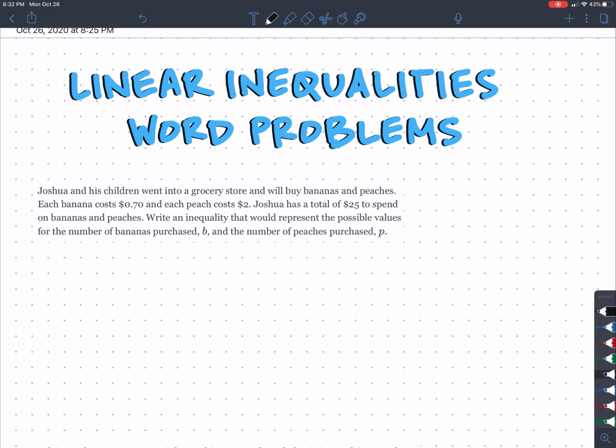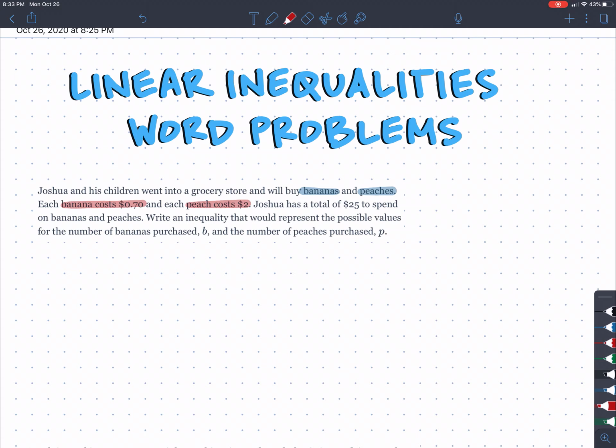So Joshua and his children went into a grocery store and will buy bananas and peaches. So right off the bat, I'm highlighting bananas and peaches because those are the two items that I am dealing with. Each banana costs 70 cents and each peach costs $2.